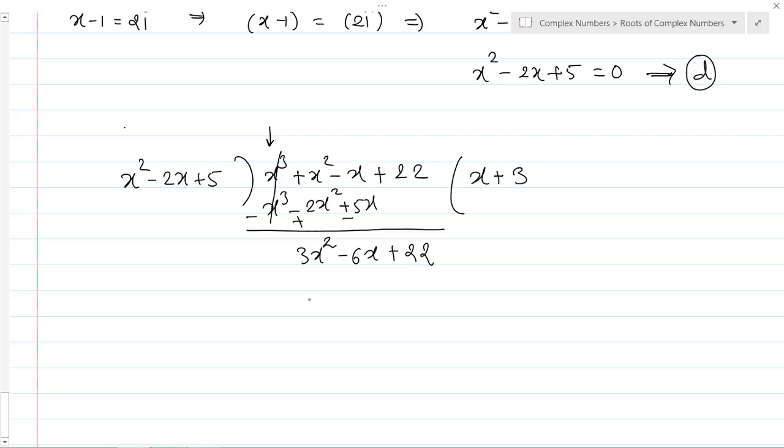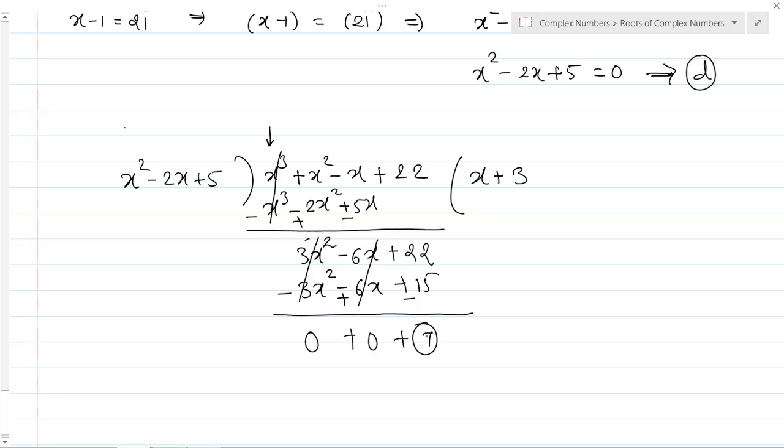I will write 3x square minus 2 into 3, which is minus 6x, and 5 into 3 is 15. Let's subtract this: minus 3x square plus 3x square cancel, minus 6x plus 6x cancel, so 0 plus 0, and it is 22 minus 15, which is 7.